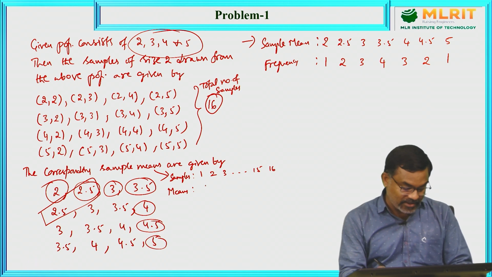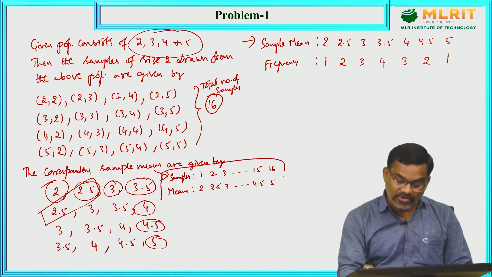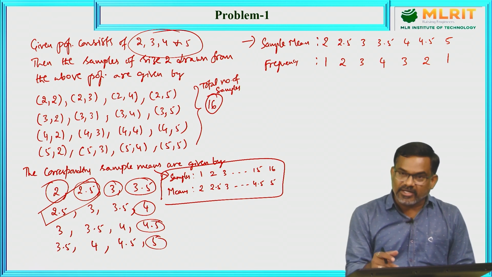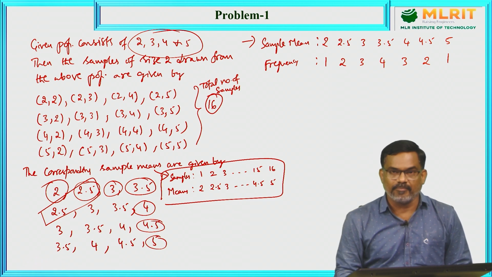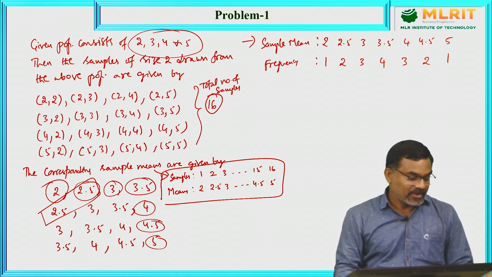The first sample mean is 2, second is 2.5, third is 3 and so on. 15th is 4.5, then 5. Like this, we have to construct the table with 16 values. Either we can represent the sampling distribution in this form or else in this form using a frequency distribution table. This is called the sampling distribution of means.